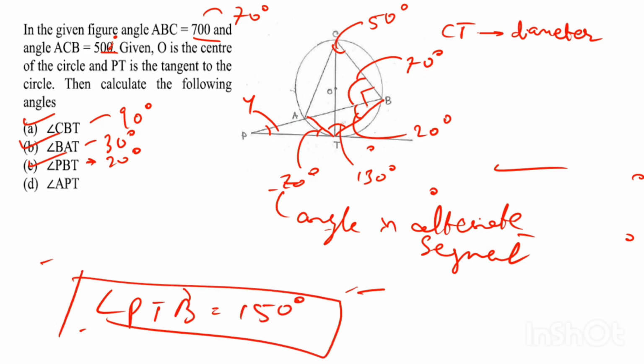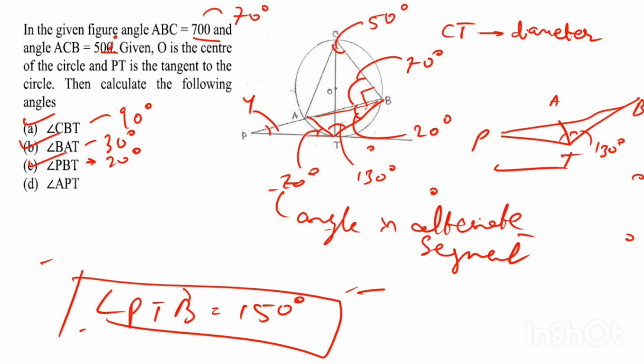See, the cyclic quadrilateral part is 130 degree. But I need to find the obtuse angle PTB. We just know this part. This part is 130 degree. But this part is still remaining. So by using the concept of angle in alternate segment, you can see this is a triangle with chord, tangent, point of contact T. You will get this as 20 degree because this is 20, so this is also 20.